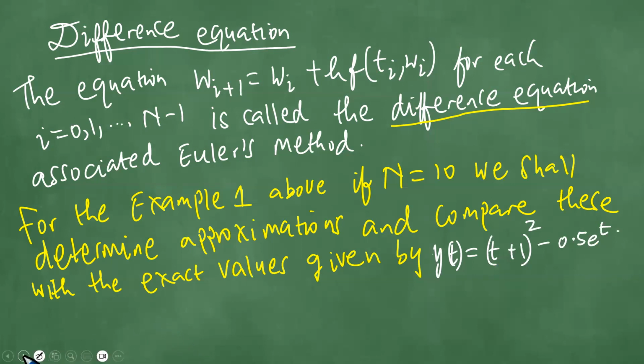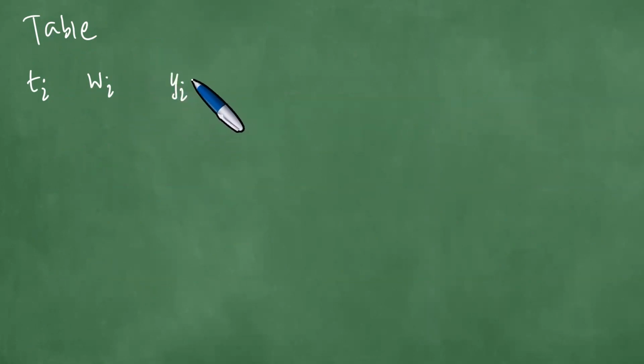Okay. Right. So now there is a table, and this table here is going to have the Ti values, and then it's also going to have the W's. Okay. And then it is also going to have the Yi's, which are the same as Y of Ti.